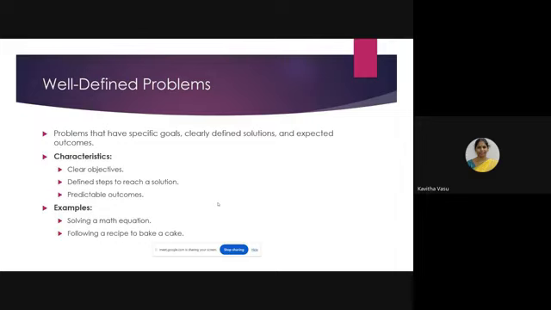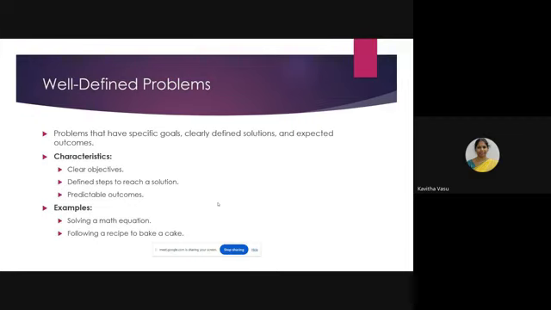One is clear objective, defined steps to reach a solution, and predictable outcomes. These problems can often be solved by following a defined set of steps leading to predictable outcomes. Here, the examples given are a math equation and following a recipe to bake a cake.